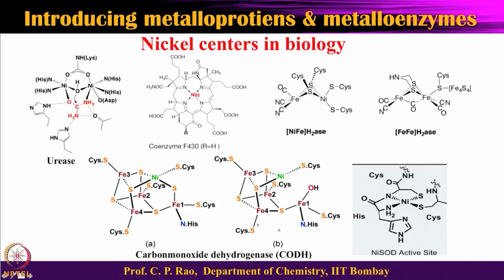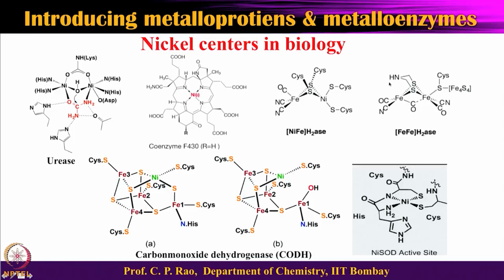So, now you have a mononickel center here. So, you have basically a mononickel center, but it is a cluster with iron, and this is a mononickel center, this is a dinickel center, this is again a mononickel center with some kind of a unit which looks like a porphyrin, but which is not a porphyrin, which is called the F430 factor, and then you have one nickel, one iron kind of things.